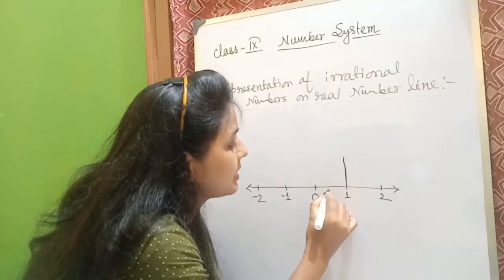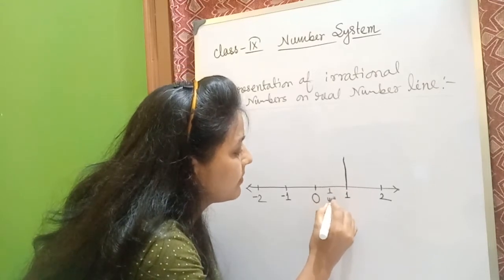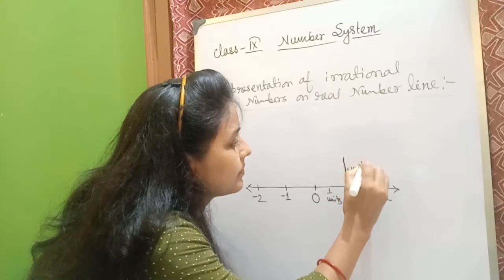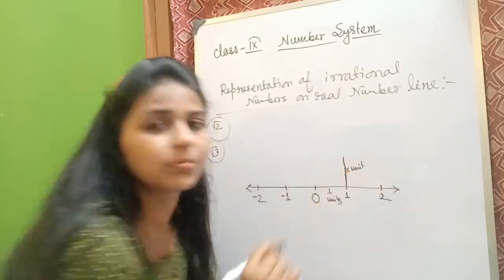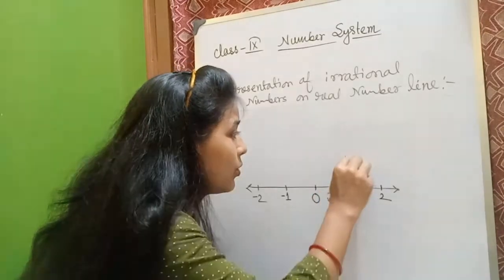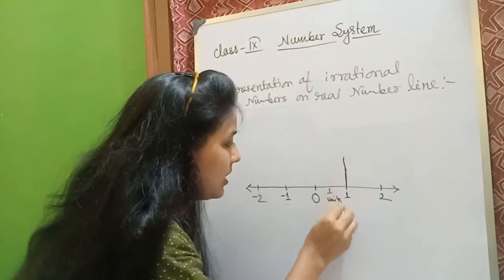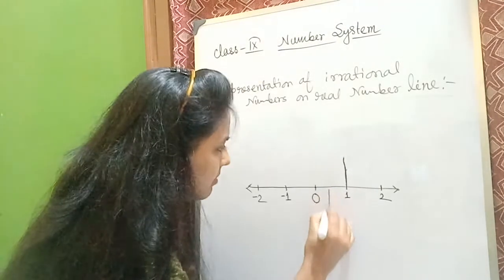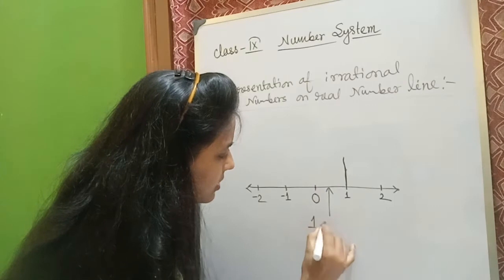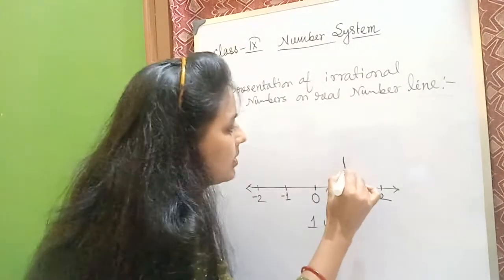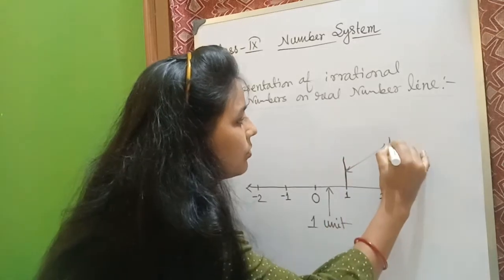That means this is 1 unit and this also 1 unit. Both 1 unit. It's very small, so I have to write a little bit bigger so that you can see. Yes, now you can see. And this is also 1 unit.